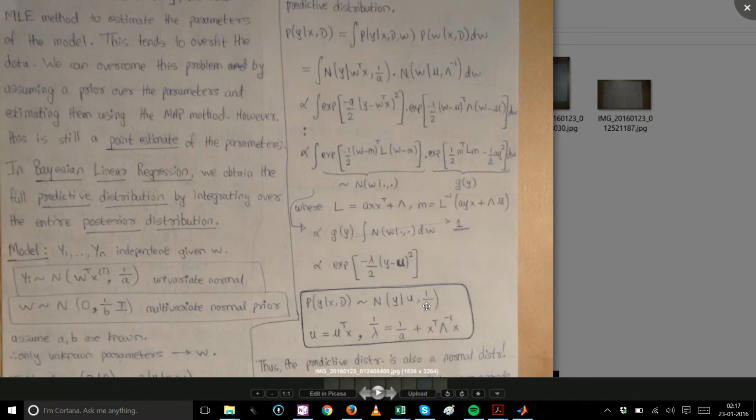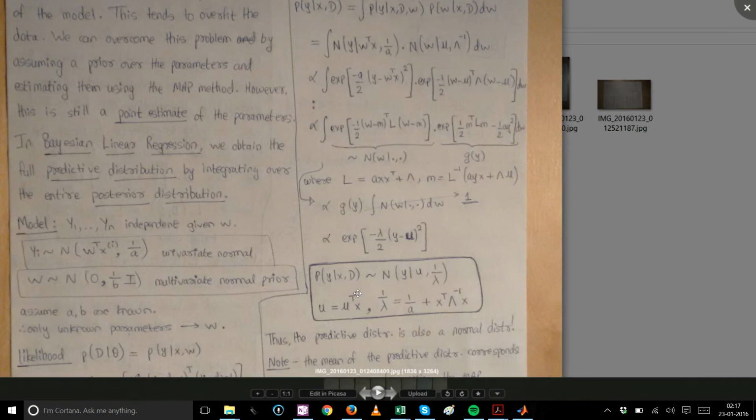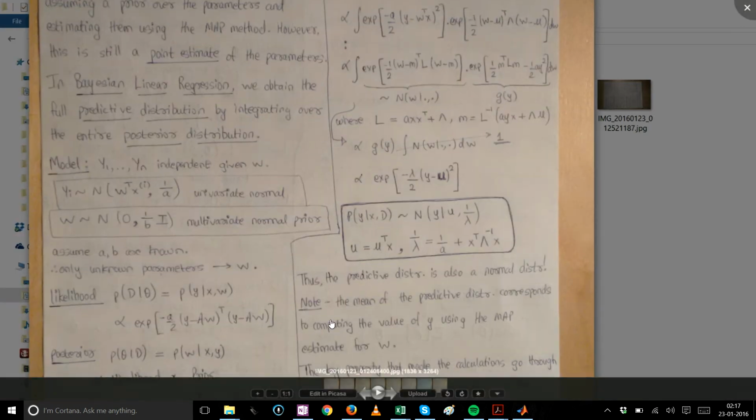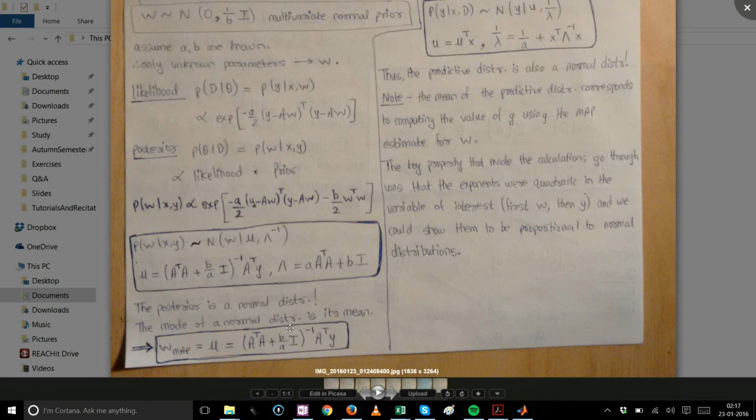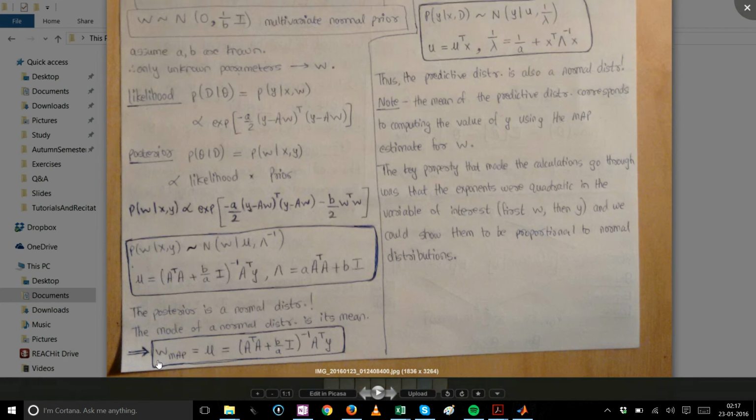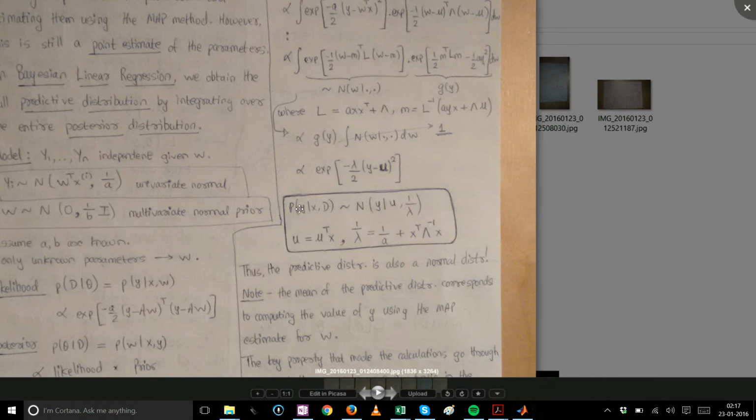This is a univariate normal with mean u equals mu transpose x, where mu was the MAP estimate, the mean of the posterior on w. The predictive distribution on y has mean u equals mu transpose x, and precision 1 by lambda equals this.